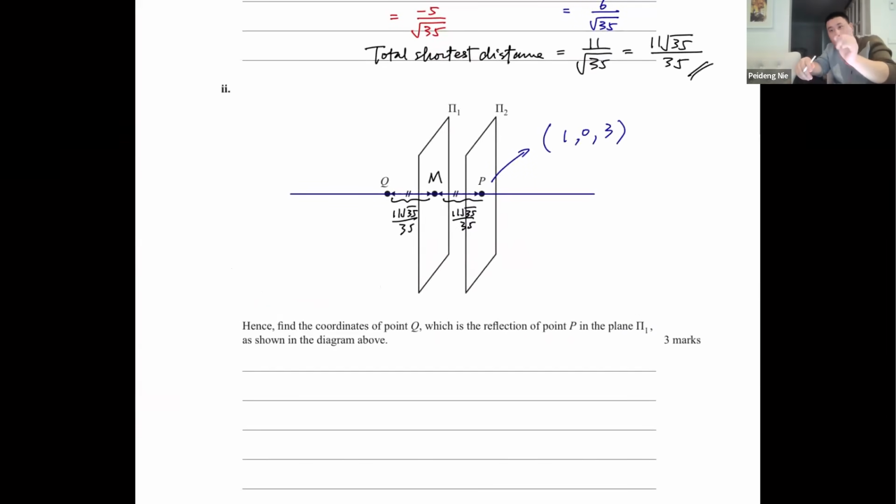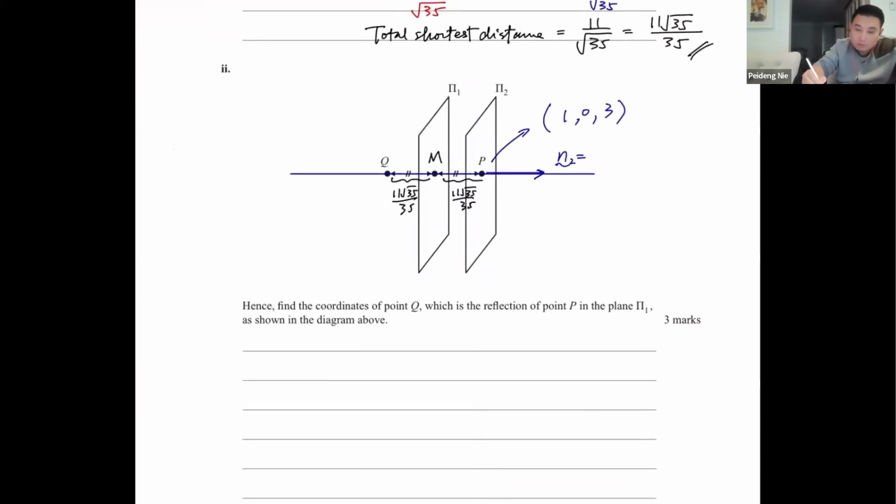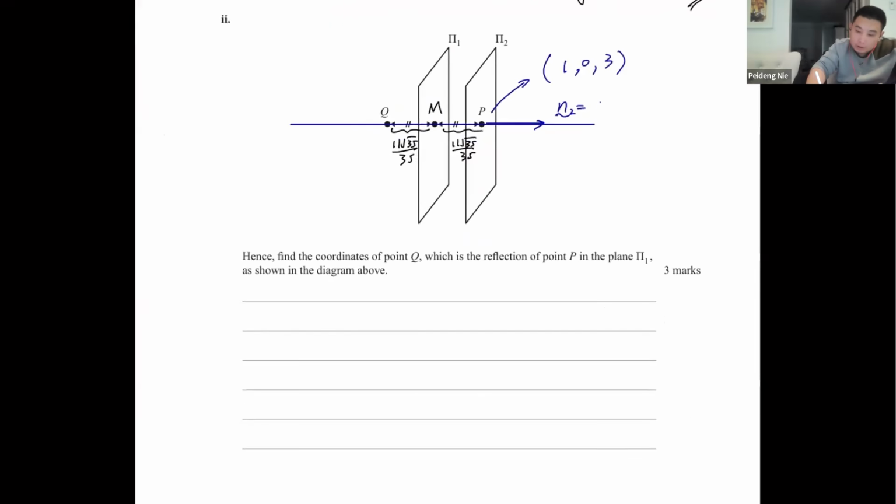And do we know the direction vector? Of course we know the direction vector, which is the normal vector. I'm going to use the positive version of the normal vector. Let's say n2 equals 3, 5, 1, that is 3i plus 5j plus 1k.